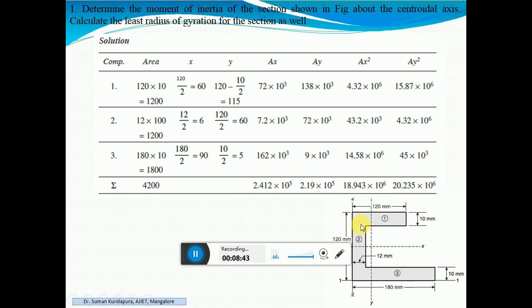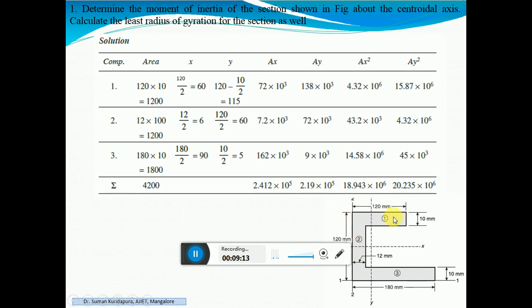So it is the x-x axis and the y-y axis. Now since it is not symmetrical about any axis, I'll be taking a reference axis. The reference axis is important here. The bottommost portion I will consider the 1-1 axis, and the left corner I will consider the 2-2 axis.